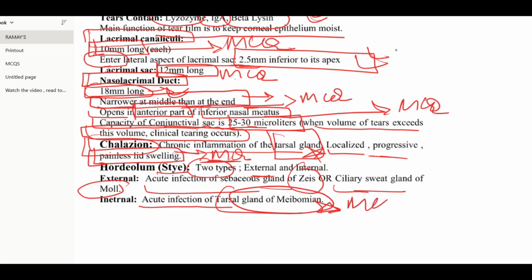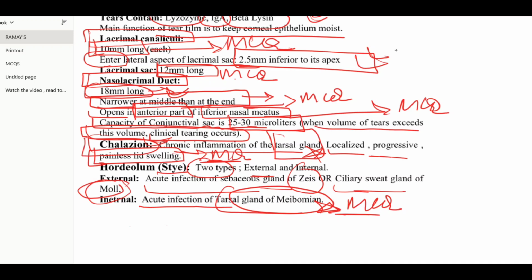Okay, so we'll study chalazion and stye in detail in the clinical lecture videos, but at the moment remember this information that chalazion is the painless lid swelling of the meibomian glands, while the hordeolum is the stye. It is acute infection of either the gland of Zeis, ciliary gland of Moll, or the Meibomian glands.